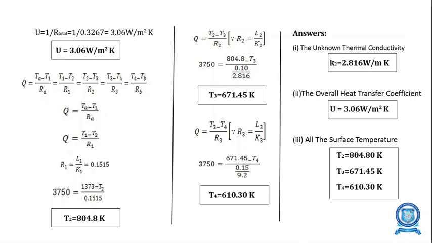Therefore Q for the next resistance, Q is equal to T1 minus T2 by R1. And for the second layer, that is T2 minus T3 by R2. For the last layer, the third layer, T3 minus T4 divided by R3. And for the convection, T4 minus TB divided by RB.